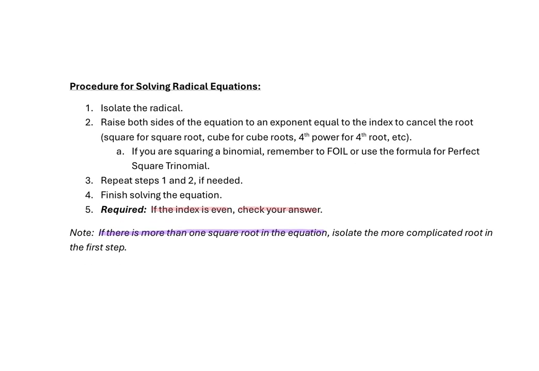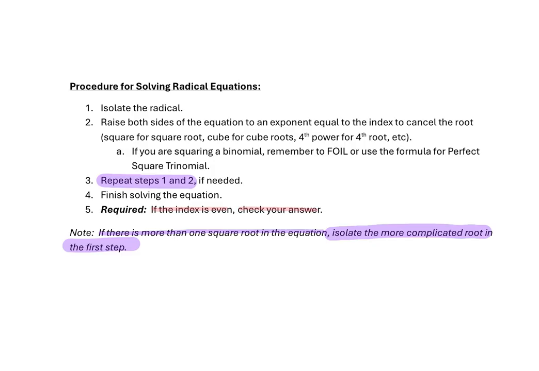If this is the case, it technically doesn't matter, but a good strategy is to always isolate the more complicated root in the first step. That's one of the reasons we see up here repeat steps 1 and 2 if needed. This is when we're going to see that.